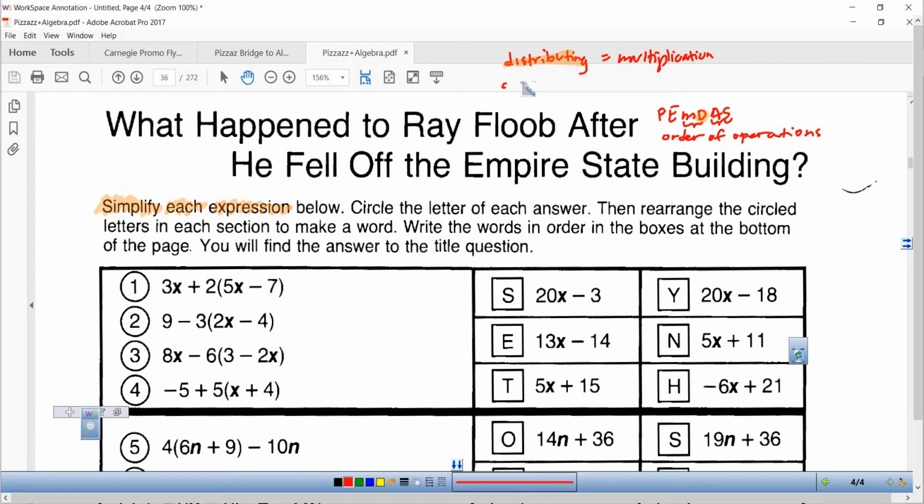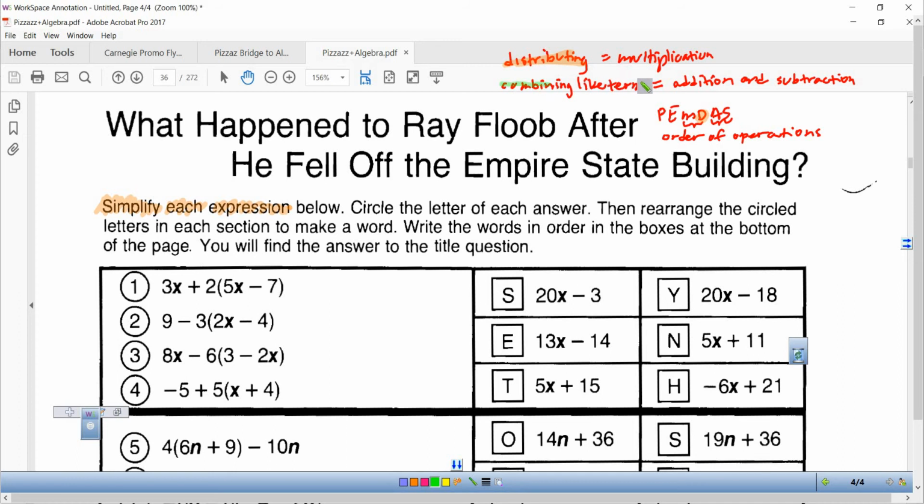And then combining like terms is adding or subtracting, or addition and subtraction. Okay, so combining like terms is addition and subtraction.